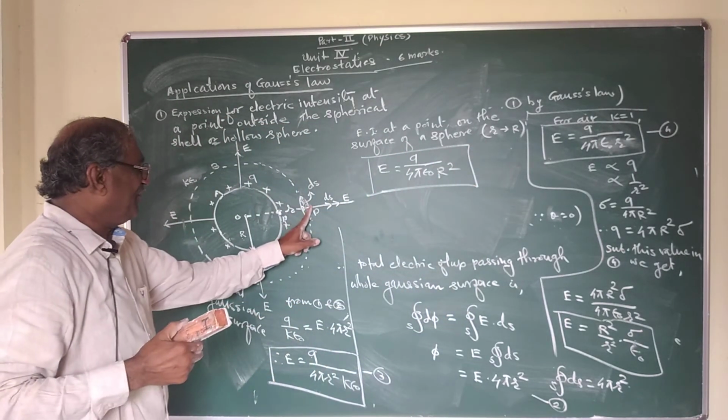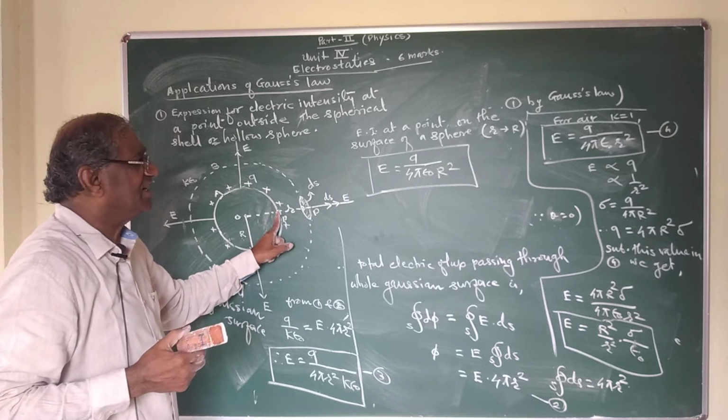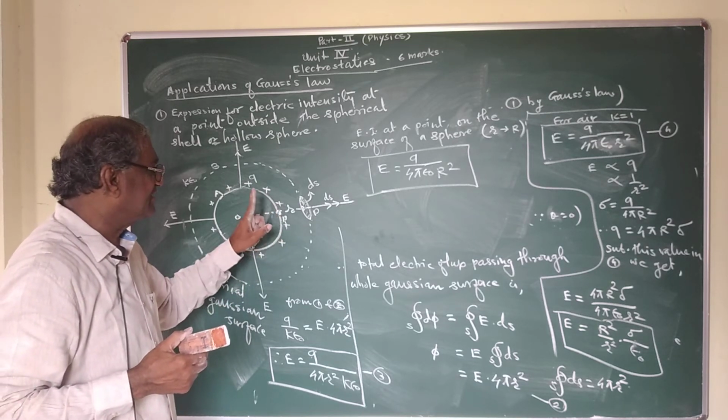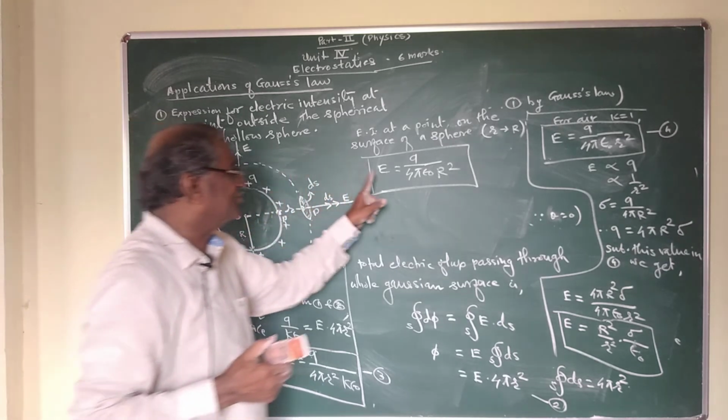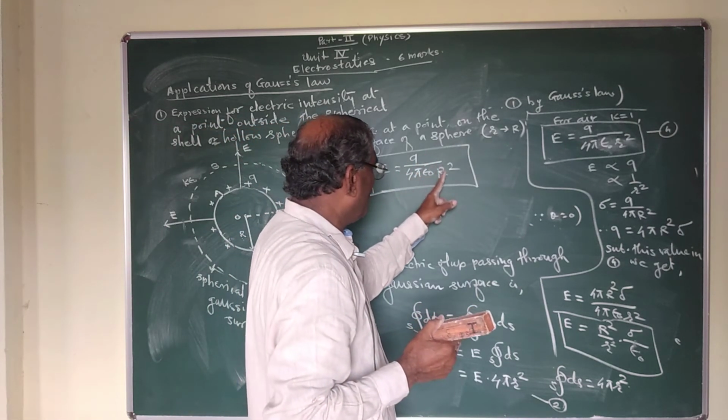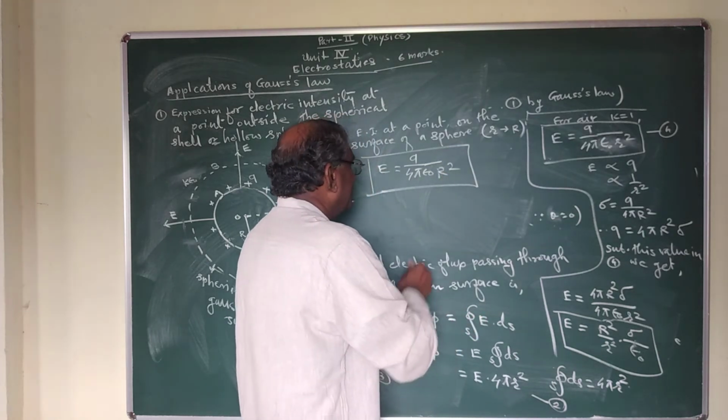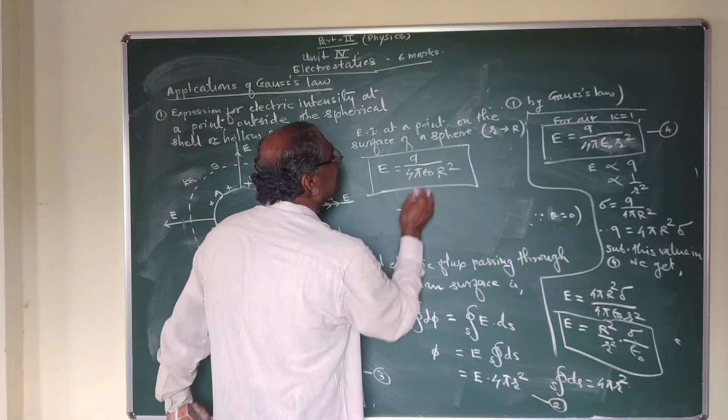If I consider the point P on the surface of the charged sphere, then electric intensity produced on the surface of the charged sphere is given by E is equal to q upon 4 pi epsilon 0 R square.